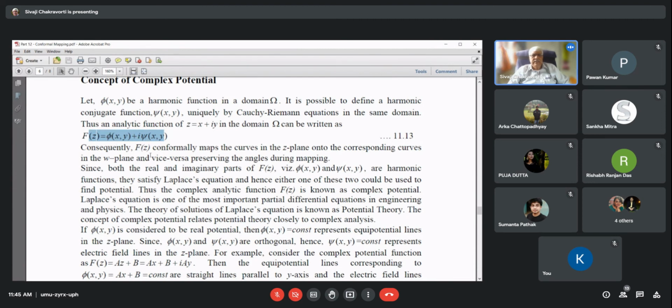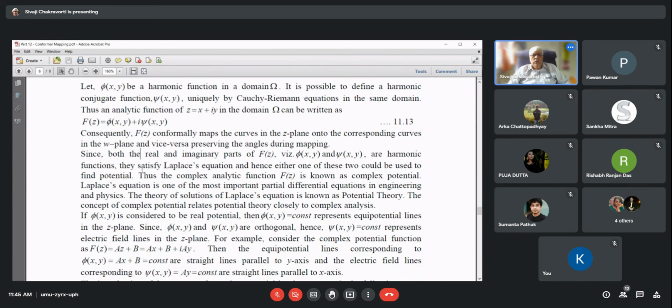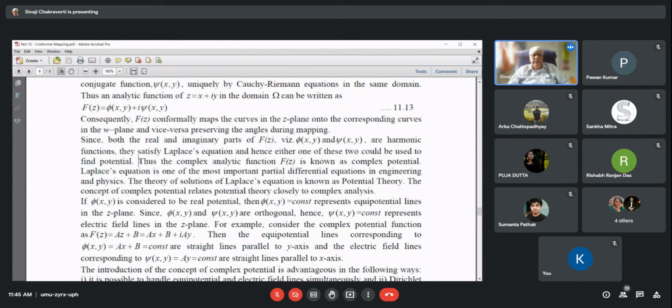Here the real part phi represents our electric potential function, and psi, which will be another function on the w plane, will also satisfy Laplace's equation, maintaining that isogonic property, that is, the angles. Therefore, this complex analytic function is known as the complex potential, and Laplace's equation is satisfied.